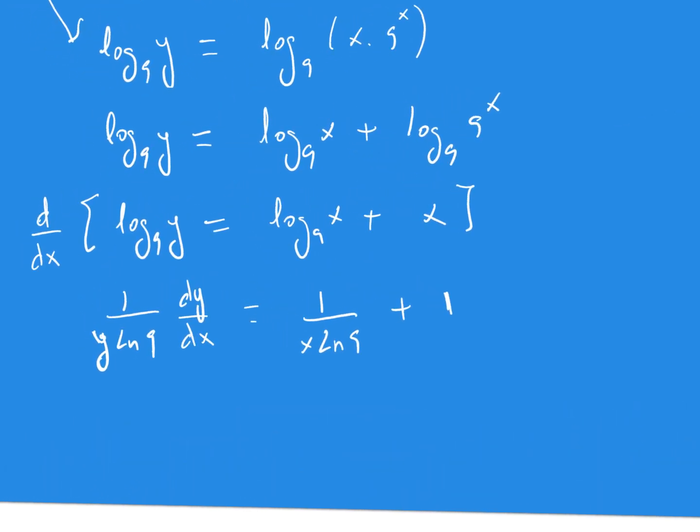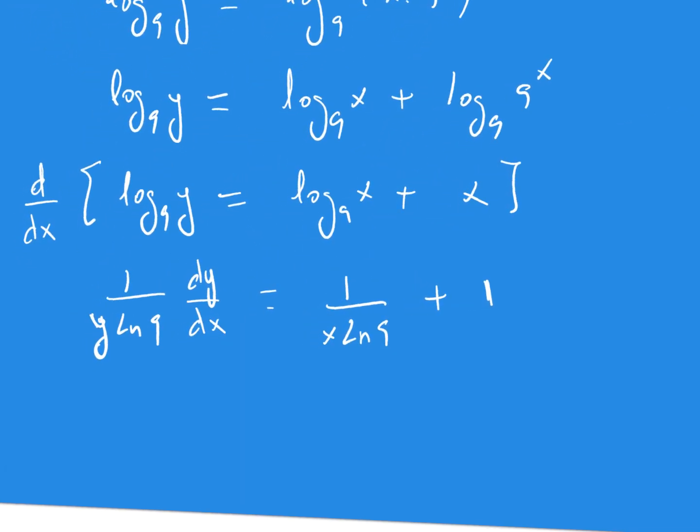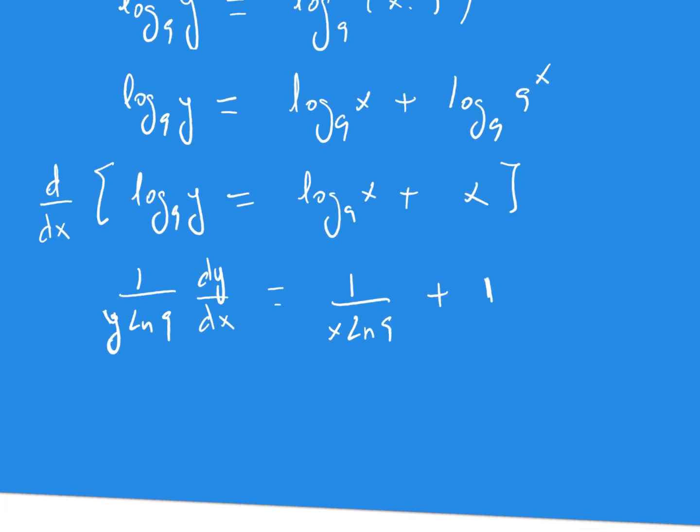It's a more difficult procedure, but we will use this technique to find the derivative of y with respect to x for some inverse functions. So what is the derivative of y with respect to x?